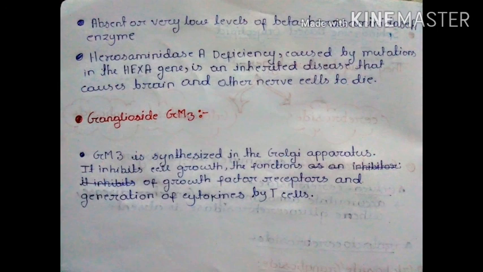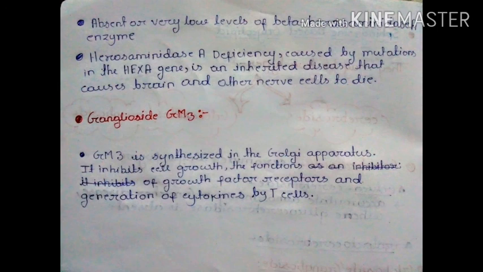Cytokine helps fight against abnormal cancer cell growth, or leads to apoptosis of the cancer cell. So GM3 has a negative effect on the abnormal growth of the cell, or it can regulate the growth of the cell. So GM3 is the important ganglioside associated with the treatment of cancer cells.